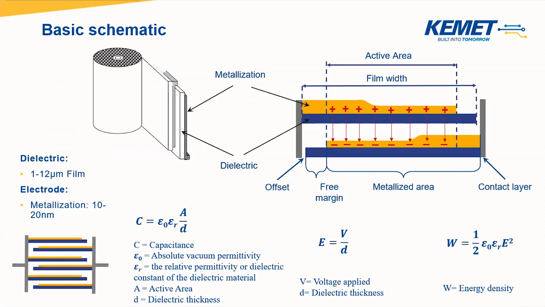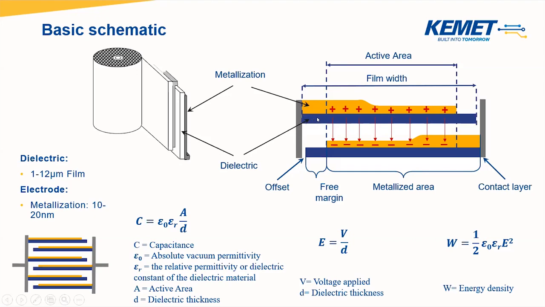Basically, the construction is characterized by overlapping two films that you can see in the picture. One is this one, and the other one is that one. And as you can see from the picture, the metallization is in the orange color, and the dielectric is the blue color.